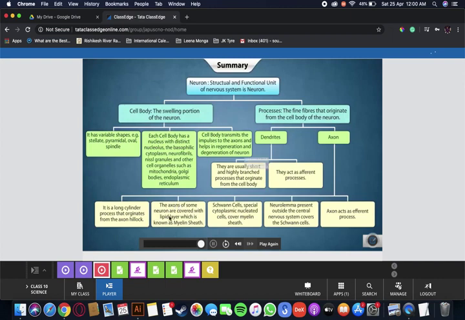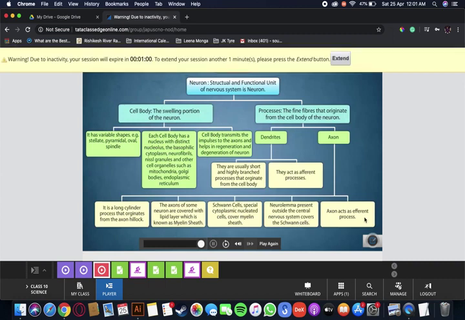The axons of some neurons are covered with a lipid layer which is known as myelin sheath. Schwann cells are special cytoplasmic nucleated cells which cover the myelin sheath. And neurolemma is the membrane present outside the central nervous system which covers the Schwann cells.